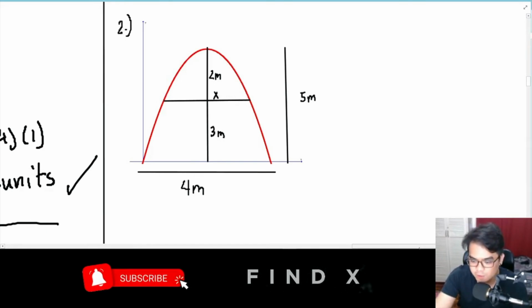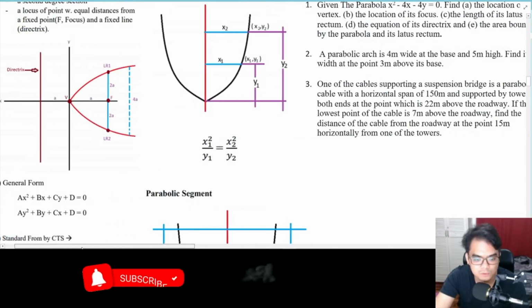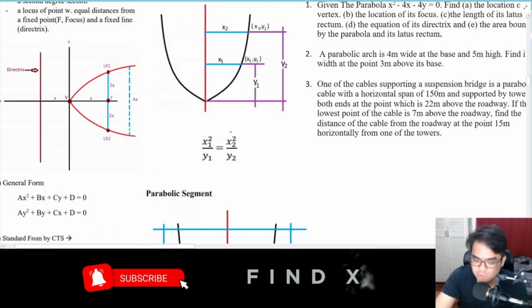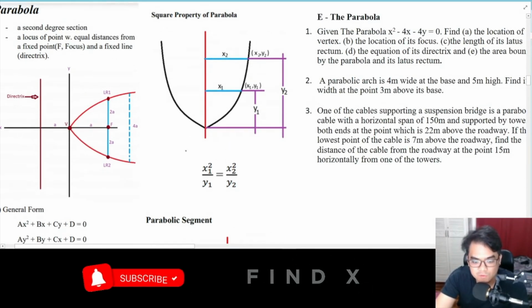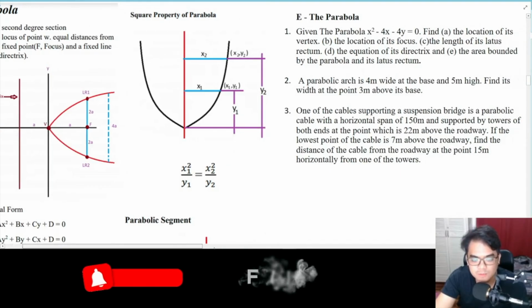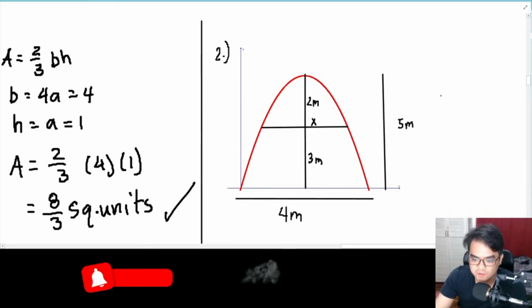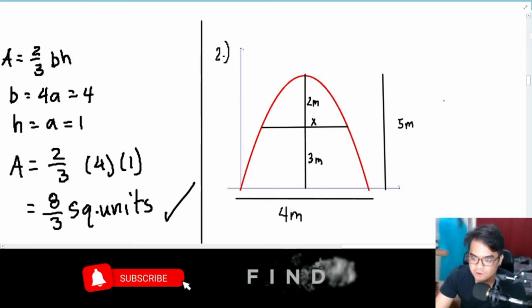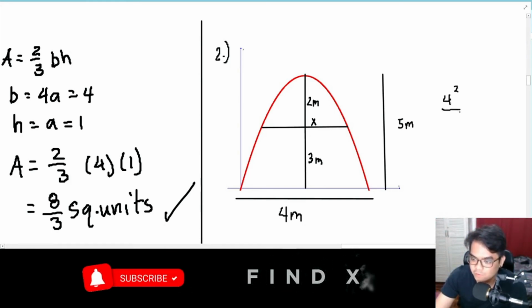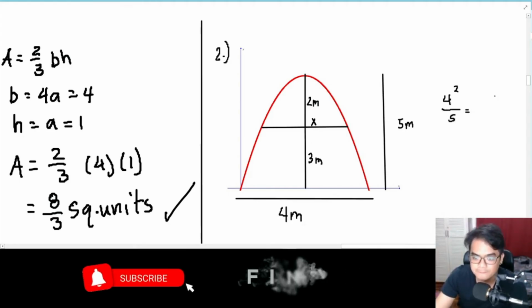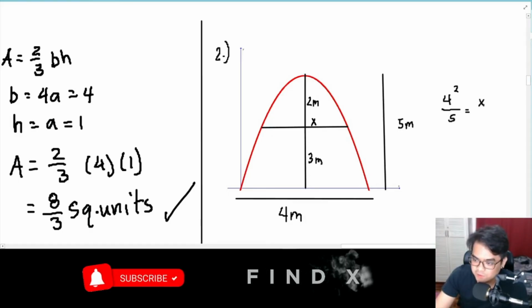So using the square property of the parabola, let's go back to the formula: x1 squared over y1 equal to x2 squared over y2. So the squared is the width or the base. Squaring the bases, you'll have the first base of the big parabola, which is 4, so 4 squared over the height of the big parabola, which is 5, equal to the base of the small parabola, x squared, over the height of that, which is 2.